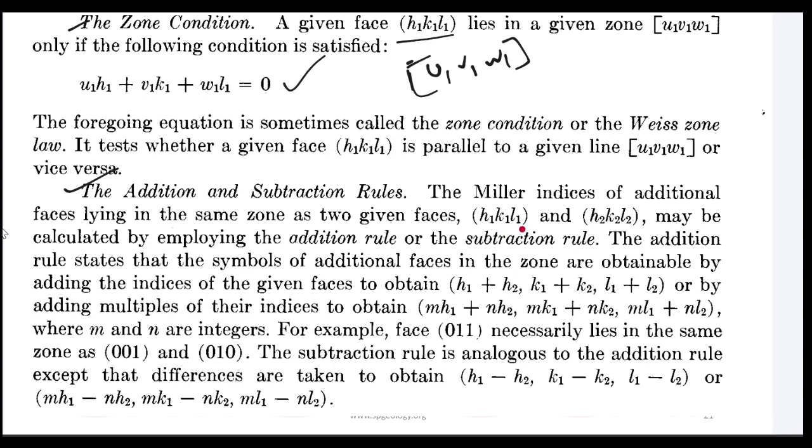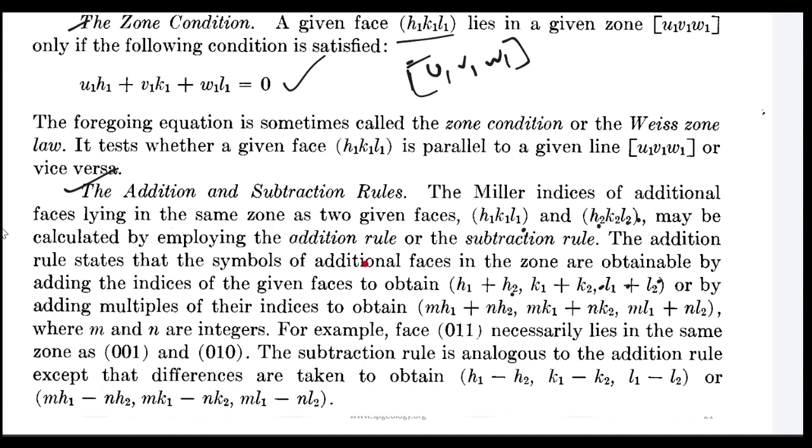If H1 K1 L1 and H2 K2 L2 lie in the same zone, then their addition, that is H1 plus H2, K1 plus K2, L1 plus L2, will be in the same zone, or H1 minus H2, K1 minus K2, L1 minus L2 will be in the same zone. So this was addition and subtraction.